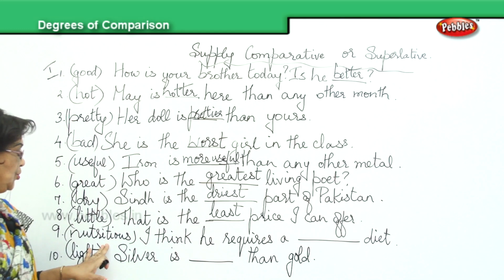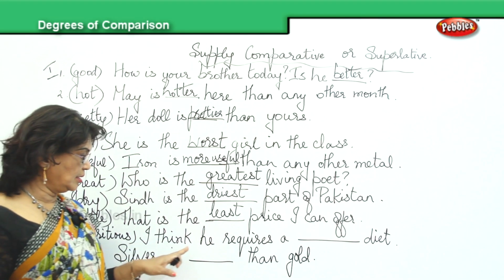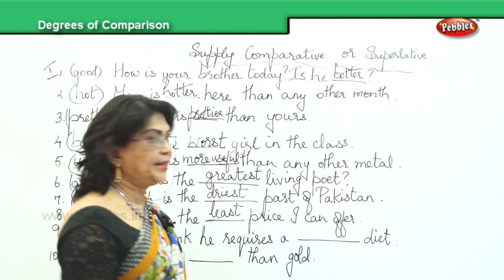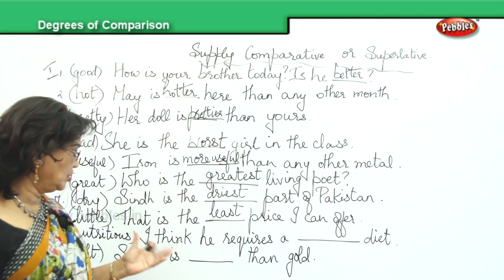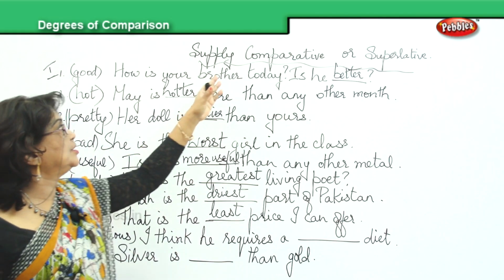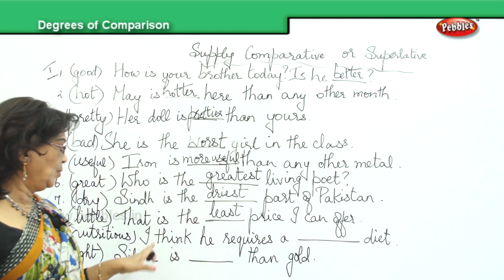Next word is nutritious. I think he requires a dash diet. Now, you can also say he requires a nutritious diet, but we have to supply comparative or superlative. So, what can you write?